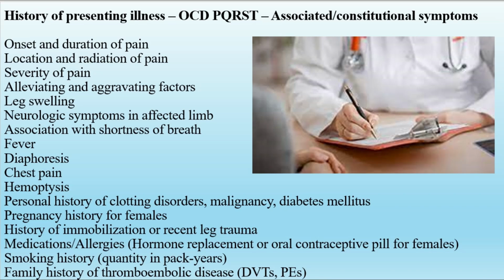If you're thinking about DVT, always remember to ask questions about lungs. Ask about fever, diaphoresis, chest pain, hemoptysis, personal history of clotting disorders, malignancy, diabetes mellitus, pregnancy history for females, history of immobilization, recent leg trauma, recent long trip, medications, allergies, especially for females, hormone replacement therapy, oral contraceptive pills.